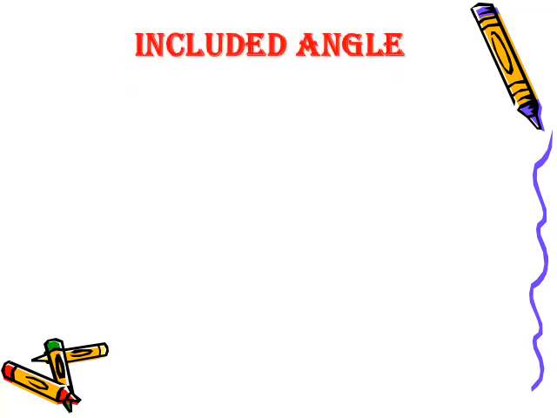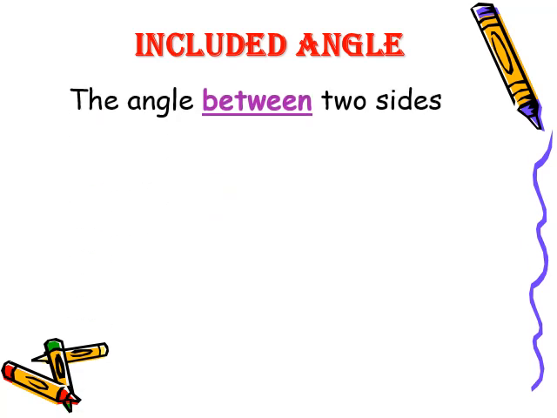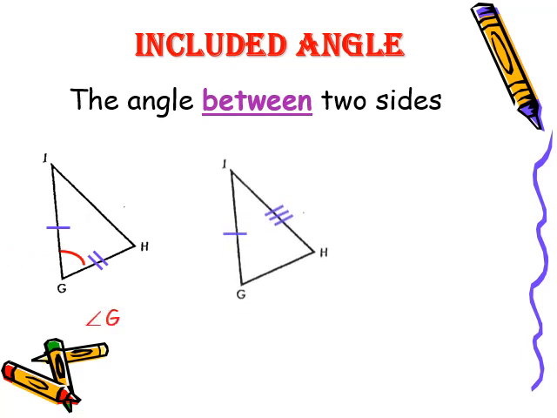Now, the second case includes the angle: side, angle, side. The angle between 2 sides includes 2 sides. For example, triangle JHG. 2 sides HG equal GJ, then the angle included between the 2 sides is angle G. Next example, triangle JHG.